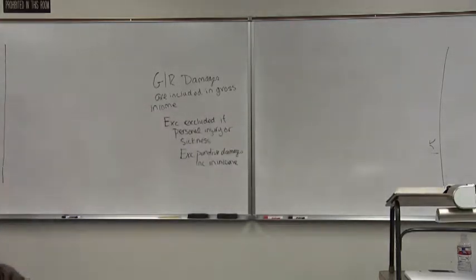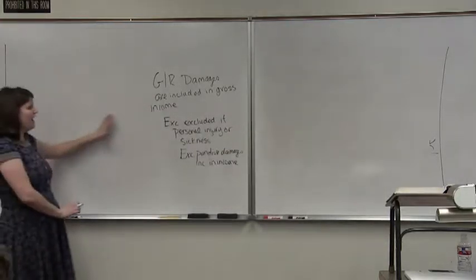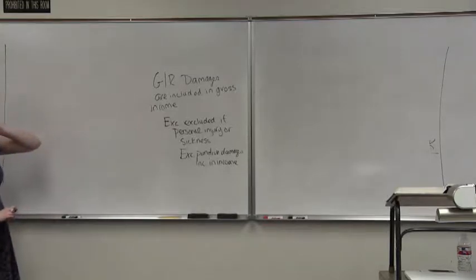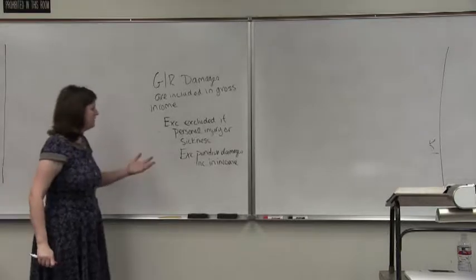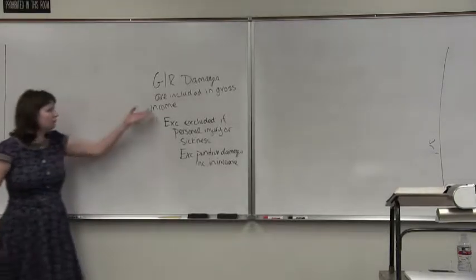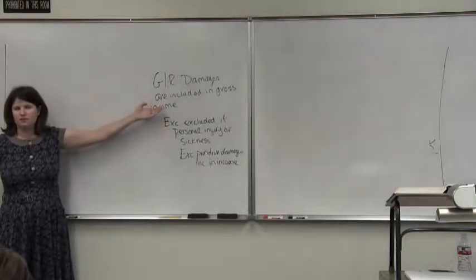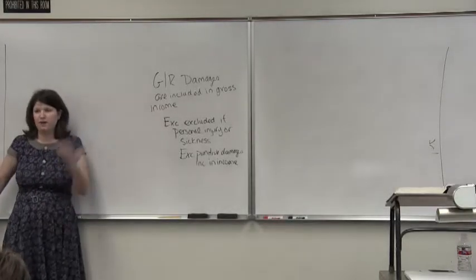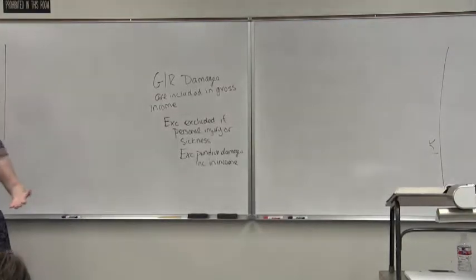Okay? So if you have damages for loss of property, so your house gets destroyed by some teenager who runs his car into it. Okay? That is included in gross income, equal to the difference in what you paid and what you received. Okay?